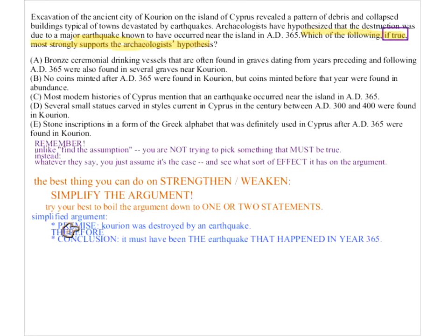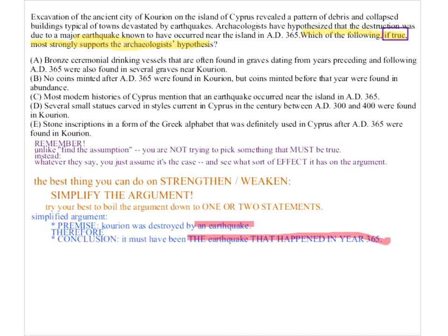So, therefore, we can see there's a big problem here. It's not as obvious when there are as many words surrounding it, but we're somehow getting from an earthquake to the one that happened in 365. That's a pretty big deal there.